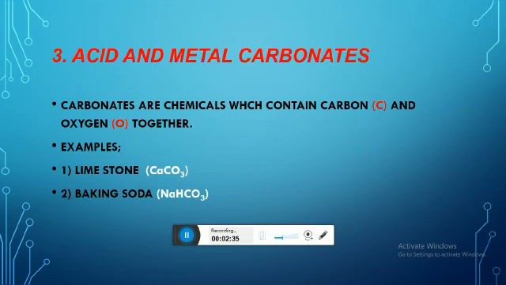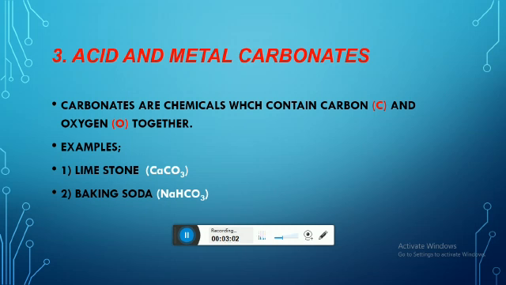The carbonates are actually those chemicals which contain carbon and oxygen together. It means the carbonates are compounds which have carbon and oxygen present in that chemical at the same time. Look at the examples first.